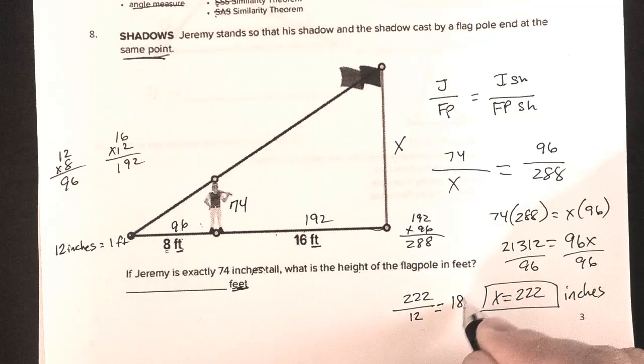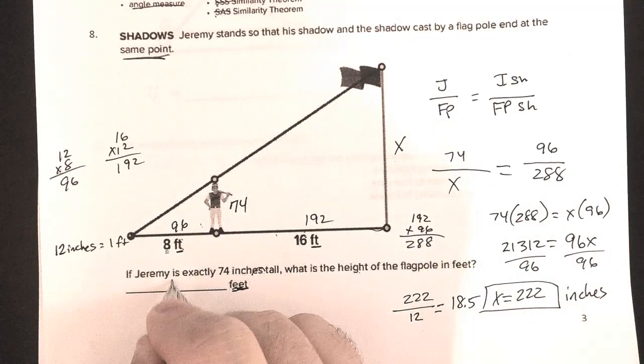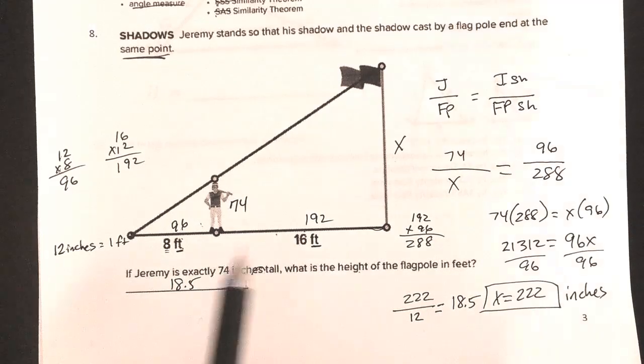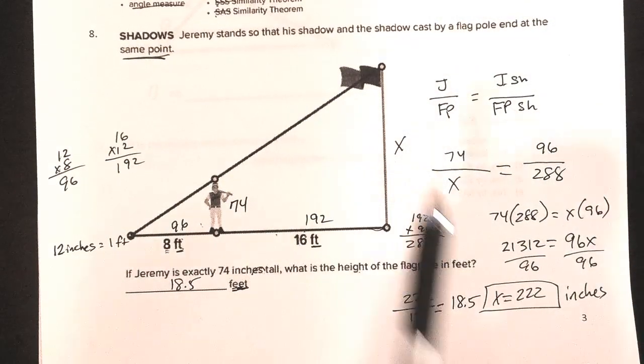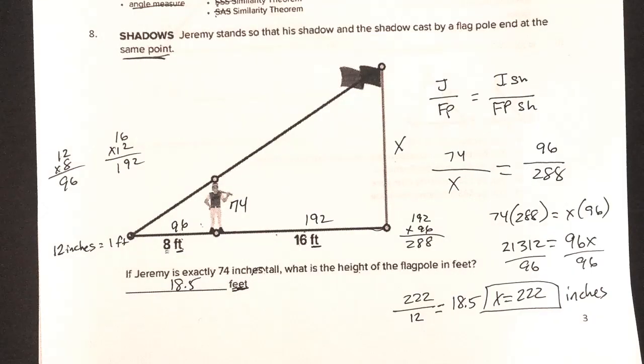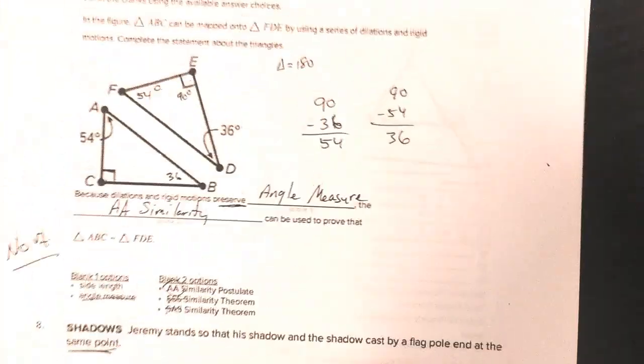That gives you 18.5 feet. So Jeremy is 74 inches, which is just a hair over 6.1 feet, 6.1 and some change. And so the flagpole is 3 times his height, or almost. All right, let's flip over.